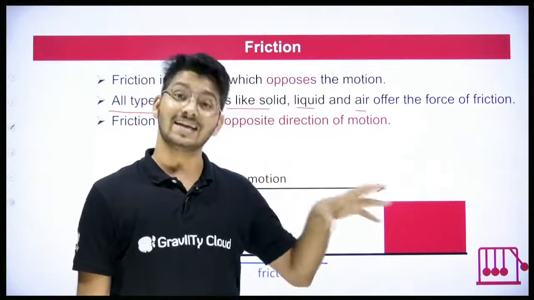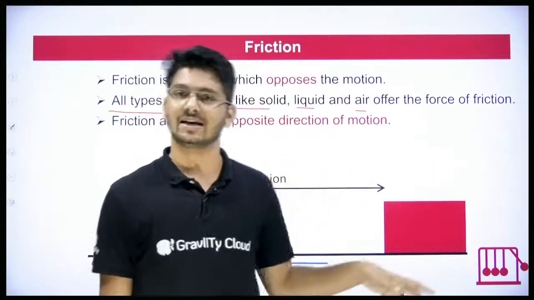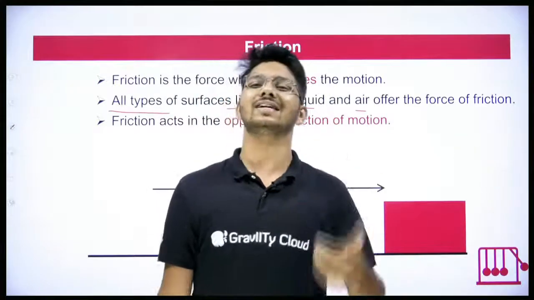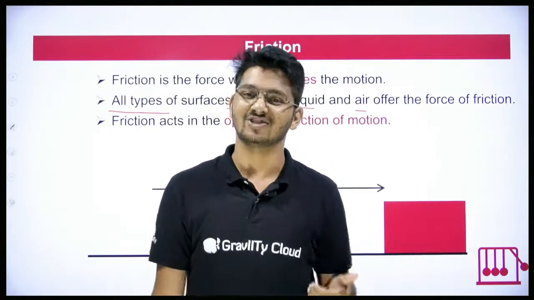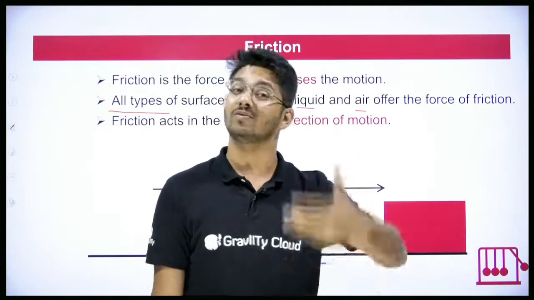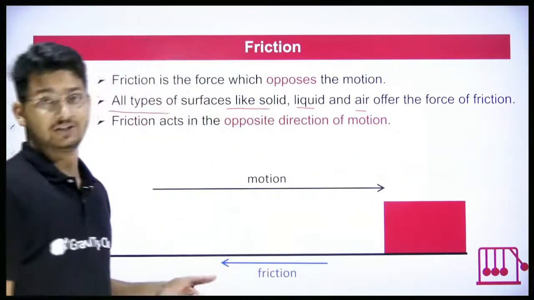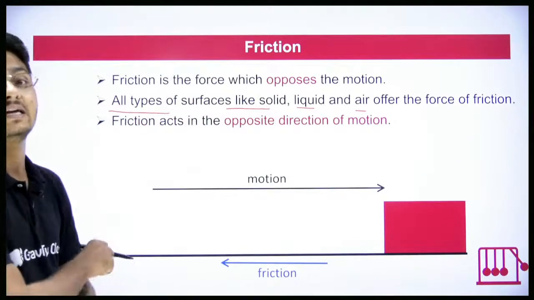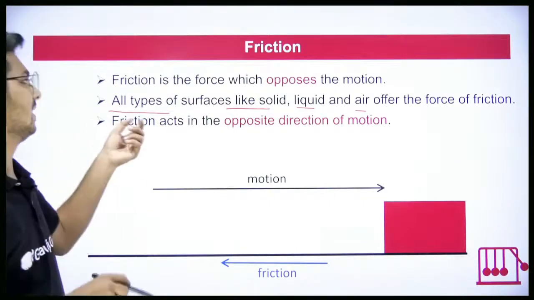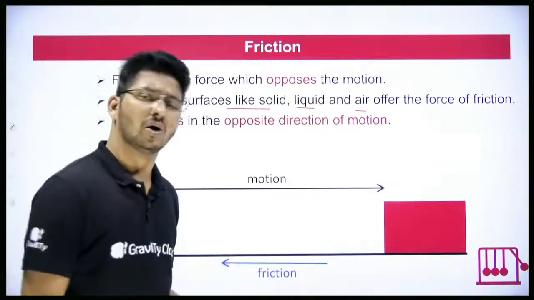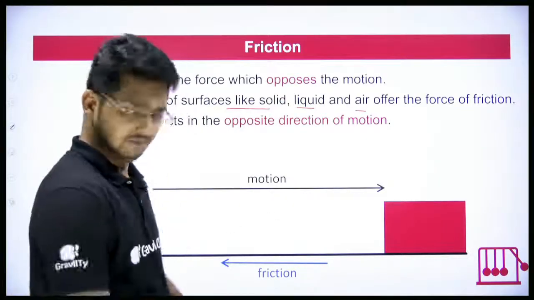So that air in that case is trying to oppose your motion, is trying to decrease your speed. So which force is air applying? Air is applying friction. So that is one example of friction by air. Similarly, liquids, water can also apply friction.